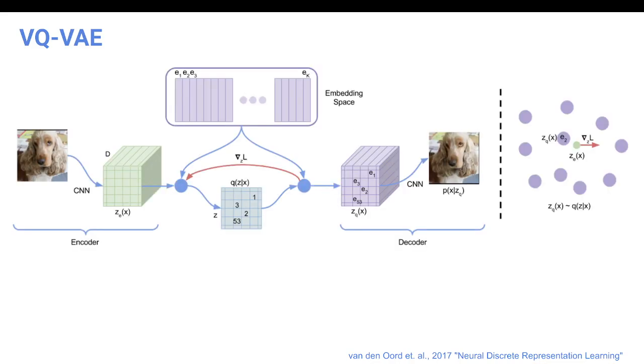The core idea here is that you represent the input using an encoder network, and then you look for the nearest embedding vector e.